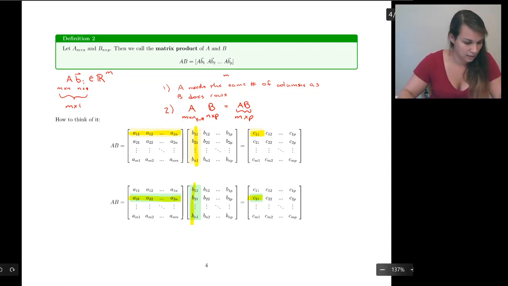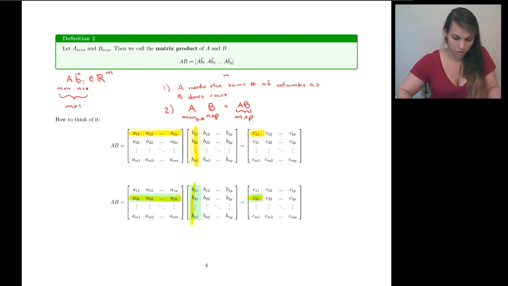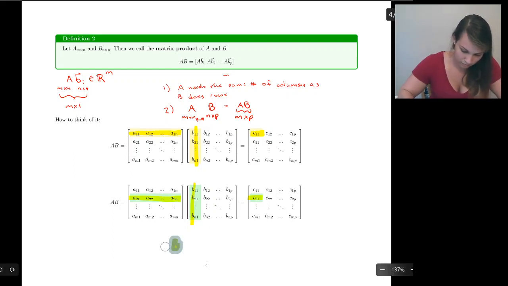I'm going to write that down real quick. So Cij is going to come from multiplying A's row i times B's column j.